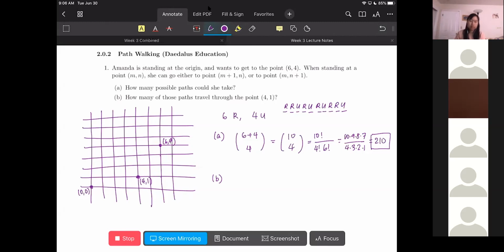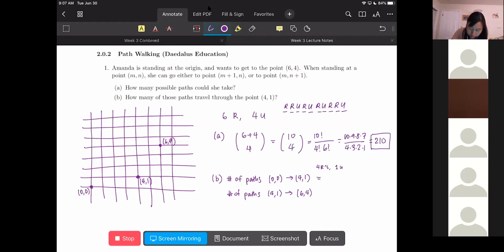So from origin, it would take 4 to the right, 1 up, so 5 in total movements, and then from 4, 1 to 6, 4, it's 2 to the right and 3 up. Right. So if we want to look at number of paths from 0, 0 to 4, 1, that basically means 4 rights and 1 up.